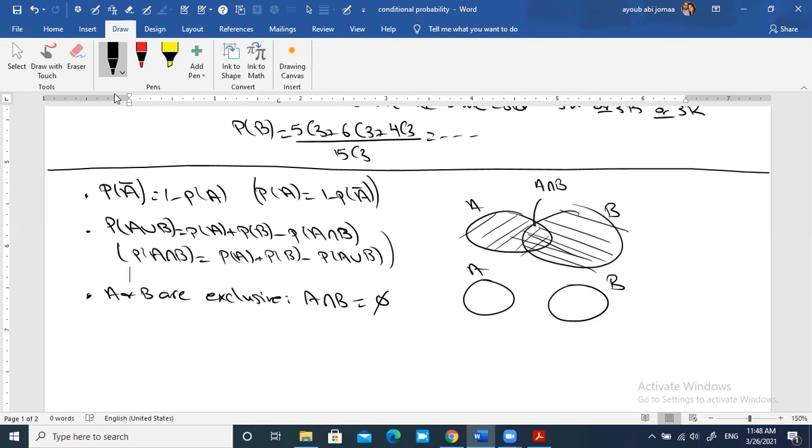For example, when you roll a die, event A: the number is even. Event B: the number is odd. A number can't be even and odd at the same time. So we call them mutually exclusive events. They can't occur at the same time. A intersection B is empty. In this case, the probability of A union B is equal to the probability of A plus the probability of B minus the probability of the intersection, and the probability of phi is 0. So it is the probability of A plus the probability of B.